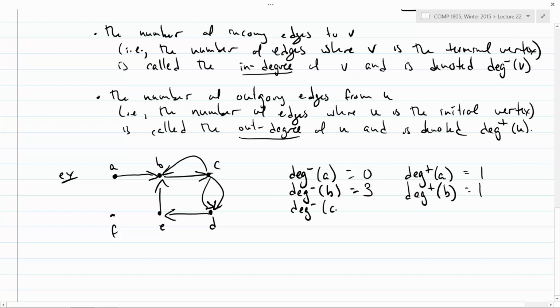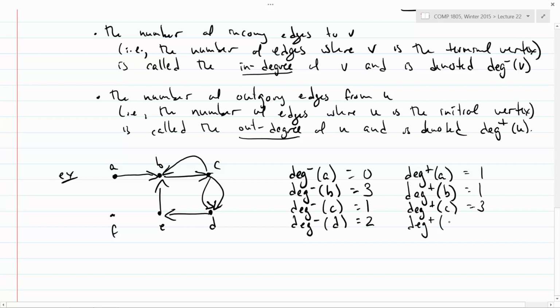Okay. The in degree of C is going to be what? Just 1. I have an edge coming from B. And what about the out degree of C? 3. I have an edge going to B, and then 2 edges going to D. So 3. All right. What about the in degree of D? 2, right? I have 2 edges leaving C that enter D. So my in degree is going to be 2.